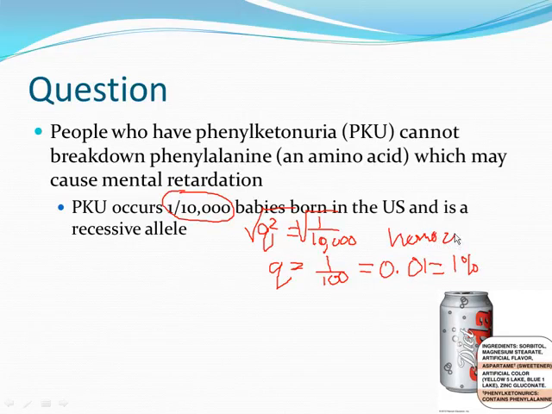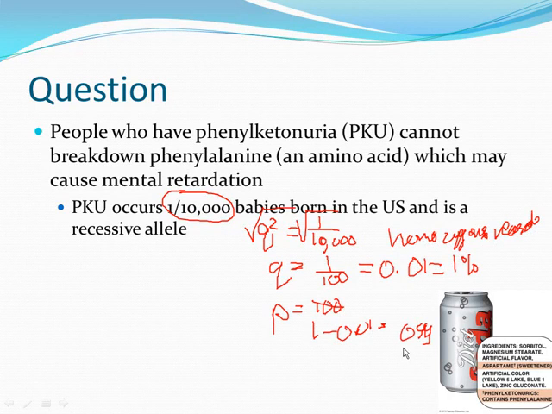So, what is p then? 99%, right? It's just 100% or 1 minus 0.01, which is 0.99, which is 99%. Okay, so knowing that, what's the probability of gaining a homozygous dominant genotype?